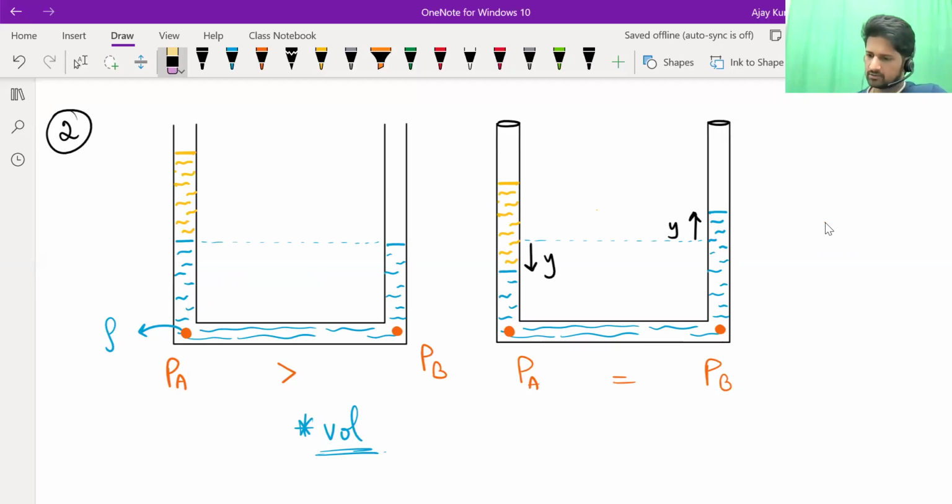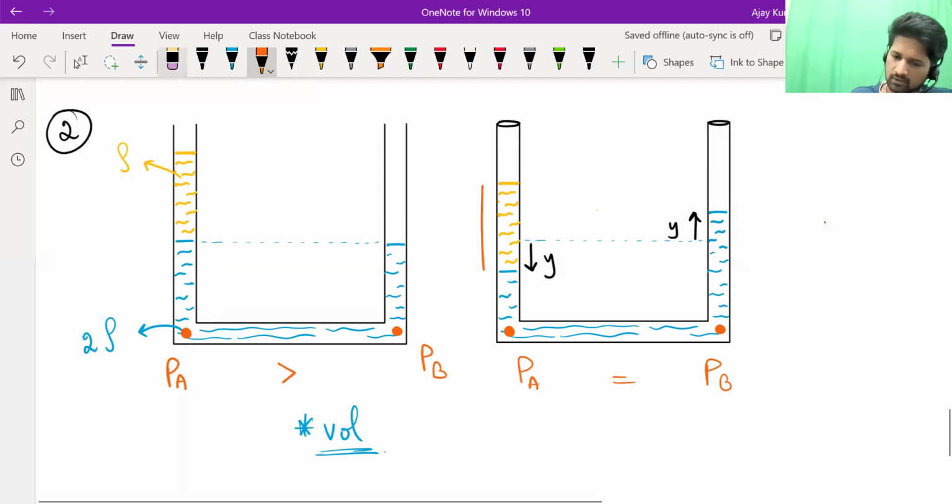So if the areas of cross section of both the arms are equal, then this is what will happen. Suppose the blue liquid density is 2 rho, yellow liquid density is rho. Let's consider something like this. And how much height of yellow liquid are we pouring?